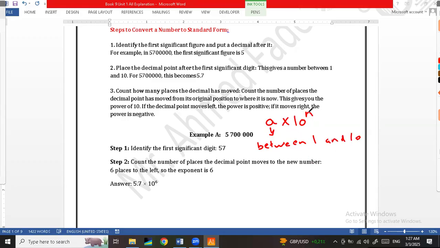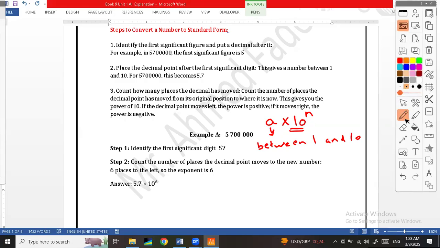And n here is an integer. It could be an index with a negative sign or a positive sign. It doesn't really matter, but the most important thing is that it is multiplied by 10 to the power of something. Okay, so let's start with this example.